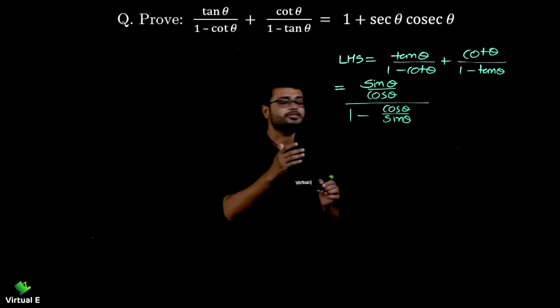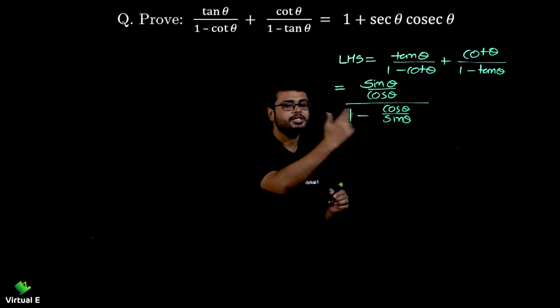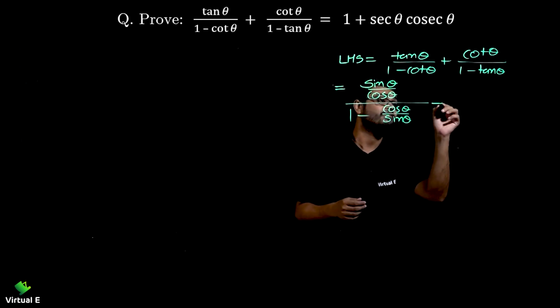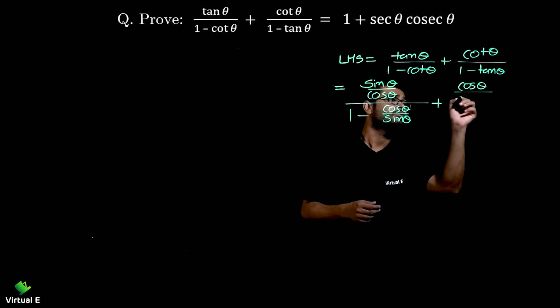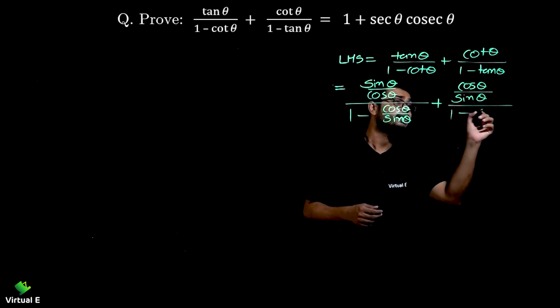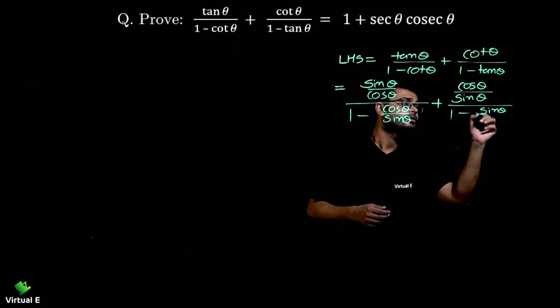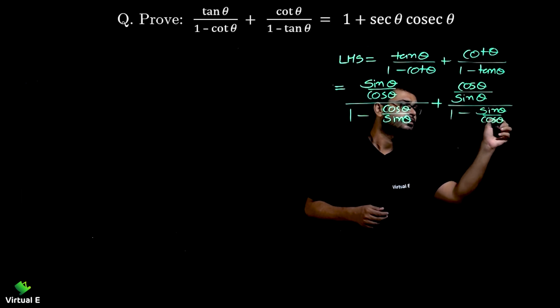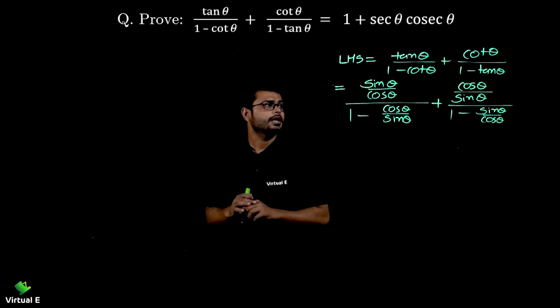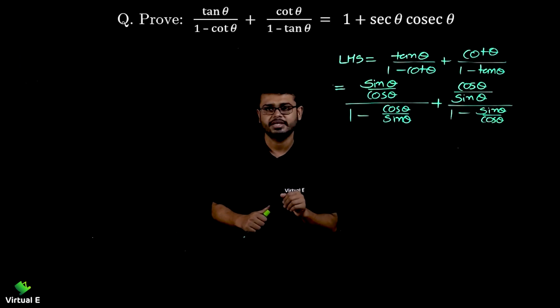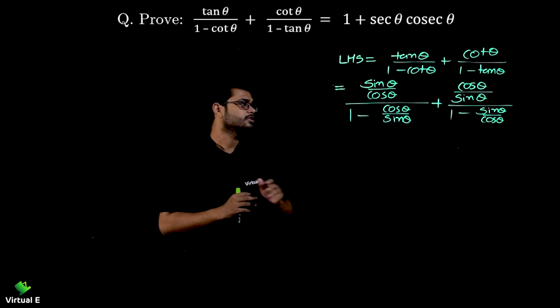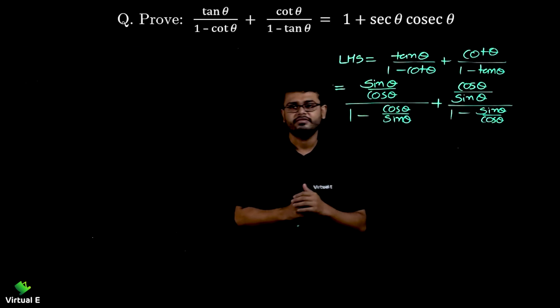You will be getting fractions in fractions, right? Numerator fractions, denominator fractions. No worries, we'll simplify. Then cot theta is equal to cos theta over sine theta, and denominator 1 minus sine theta over cos theta. Done? Simple. Now first of all, I'm going to keep the numerator as it is. I'm not going to bother about that. So let's only solve the denominator first.